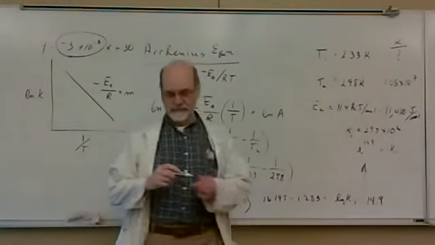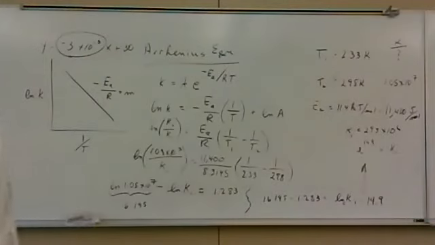Close enough for a multiple choice test. No, I guess yours is 2.99 on the paper. Let me see if I did that right. Get my calculator. I may have calculated wrong.